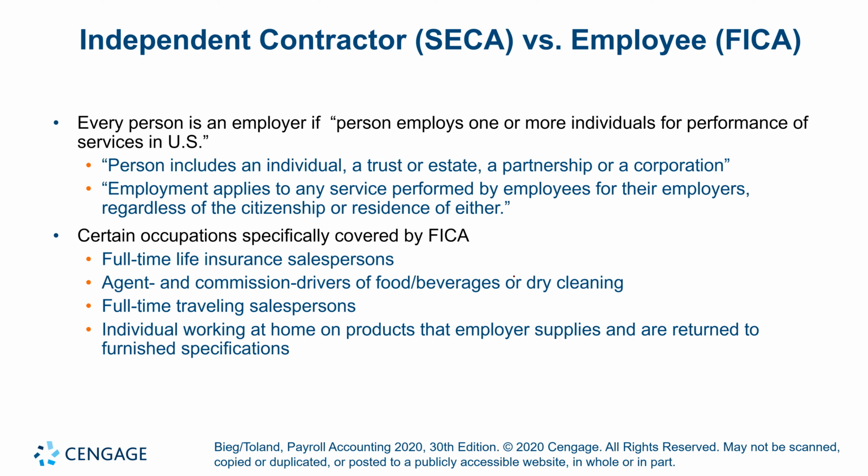And then certain occupations are specifically covered by FICA, just like it shows here: full-time life insurance salespersons, agent and commission drivers of food/beverages or dry cleaning, full-time traveling salespersons, and individuals working at home on products that the employer supplies and are returned to furnished specifications.